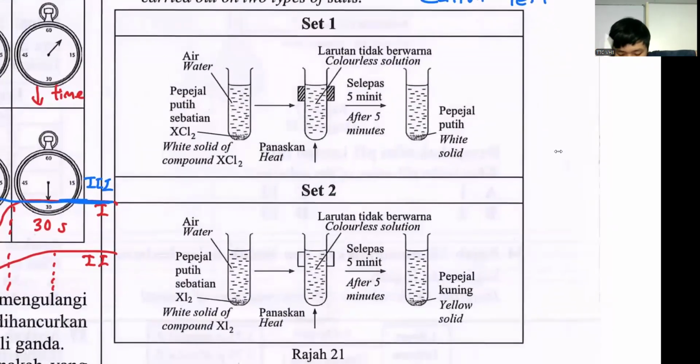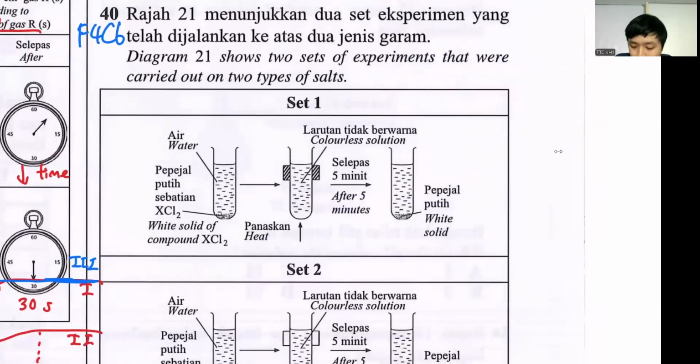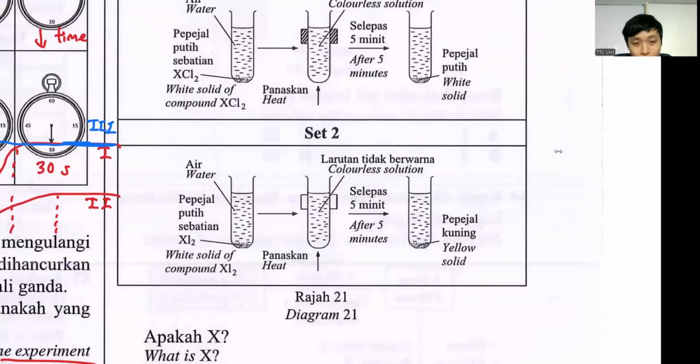This one is actually very easy if you know. White is not a cation test. So the white solid of XCl2, when you heat, you will get a colorless solution. After 5 minutes, you will get a yellow solid.